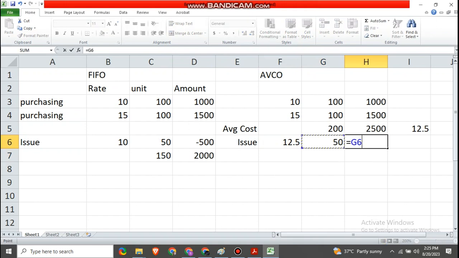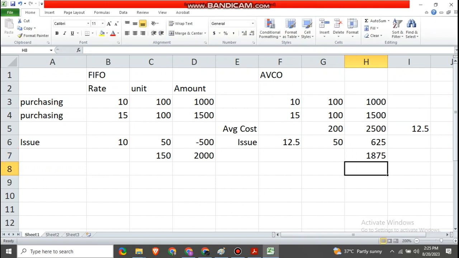So in this case, my value of inventory that I am issuing would be 625. Now the total cost of the inventory was 2,500, and 625 is issued. So the remaining inventory that I have is 1,875. So let's consider that as my closing inventory.